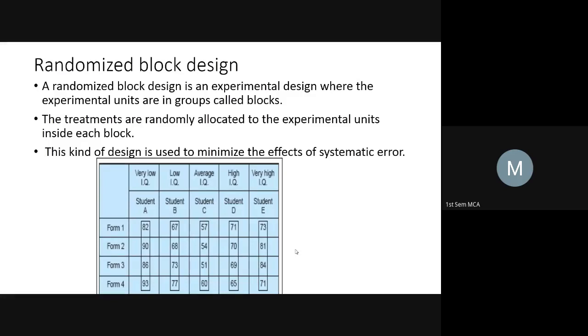So I am doing the randomization process here by dividing into blocks. Earlier, I made only 2 groups, experimental and control groups. Now I am making blocks.